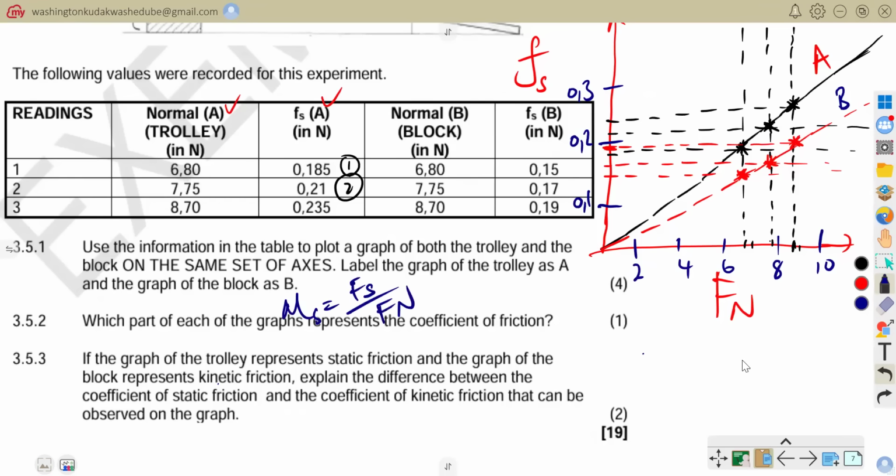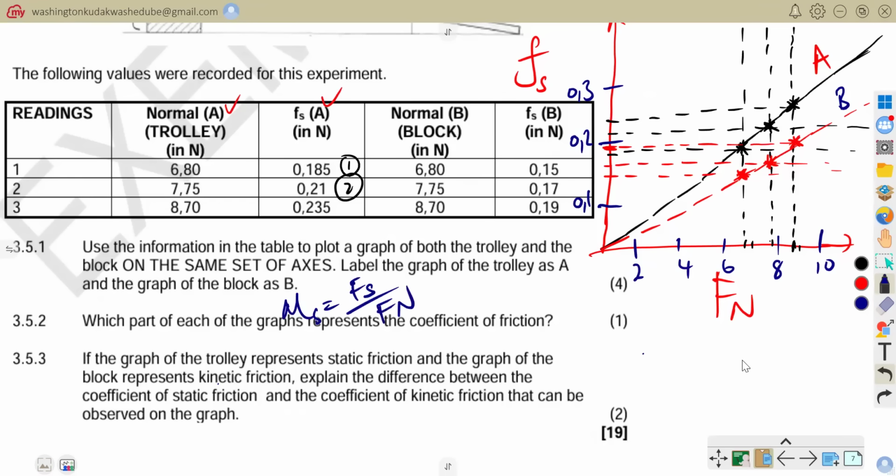So you would say the gradient of the graph, the gradient of the graphs. That is what you are supposed to write there. I just want to write my G in a way that it does not affect the next question.